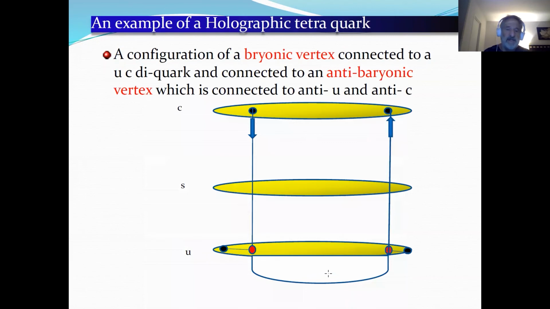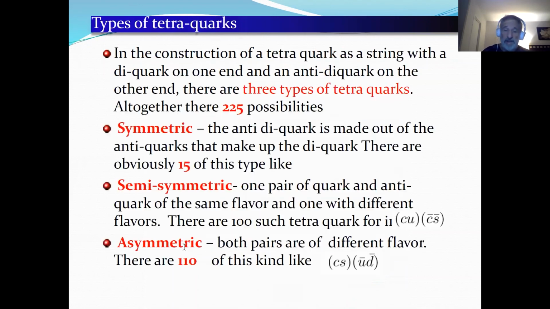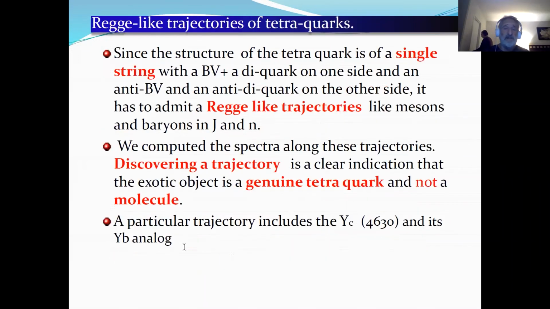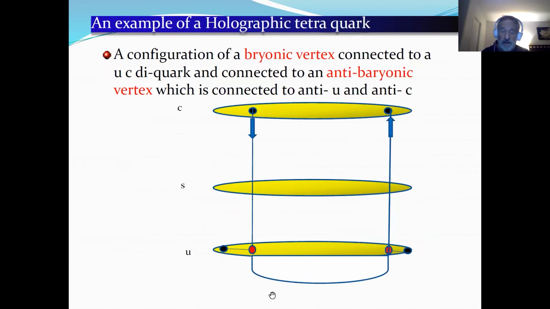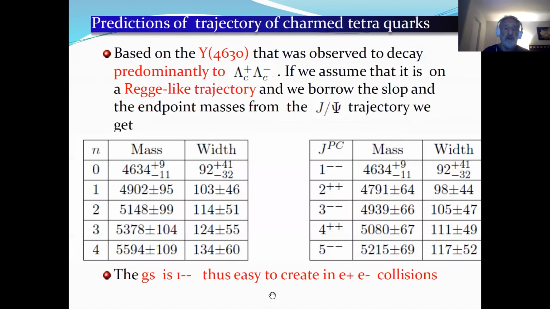Okay, so this is another example with a baryonic vertex and an anti-baryonic vertex, now with the C and U, and one can play with it. There are altogether 225 possible tetraquarks, some symmetric, some semi-symmetric, some asymmetric. The important thing is that since they are based on a single string, they will have merged trajectories, and we have spacing similar to the one we have for mesons and baryons, and we can calculate the masses and the widths.